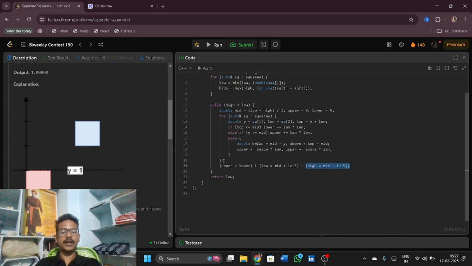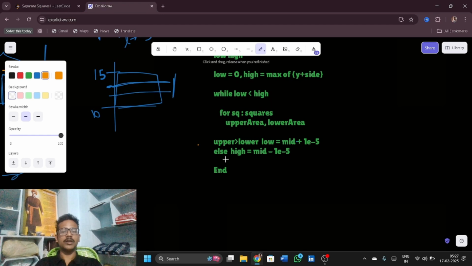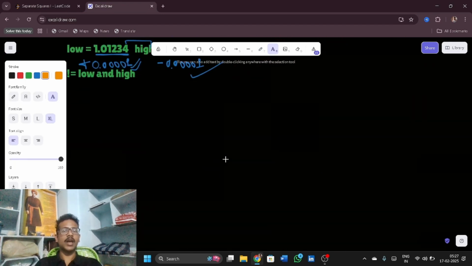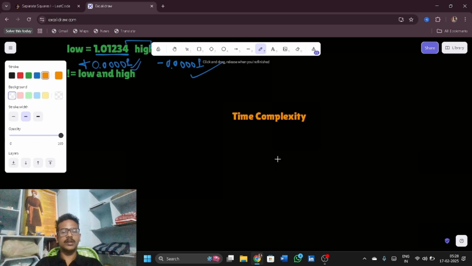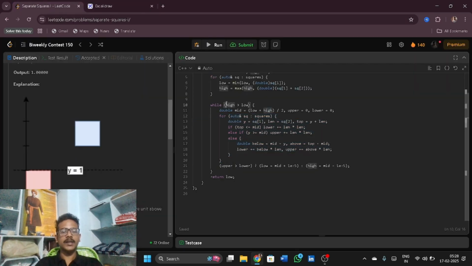To calculate, you will be iterating over the squares, but you might wonder what the time complexity will be. I also wondered how this would run as I am going through all squares each time. So let us start. The number of squares is n.